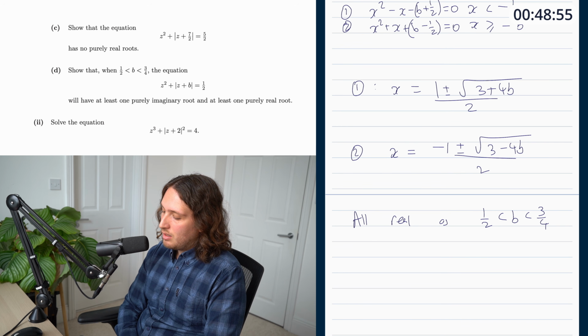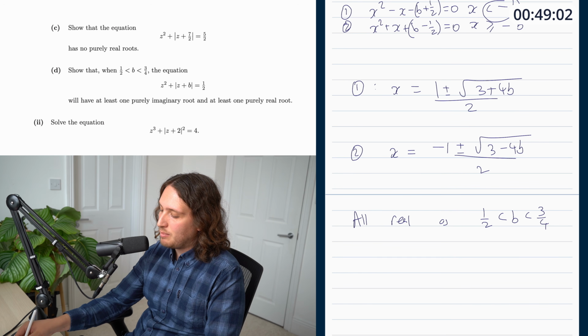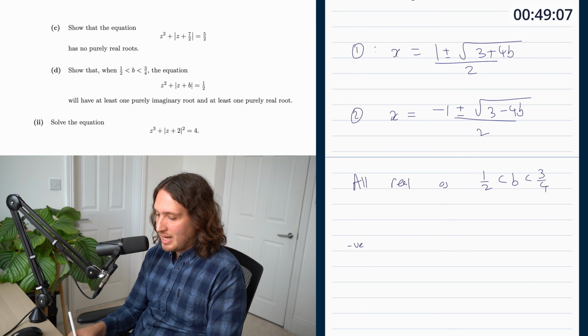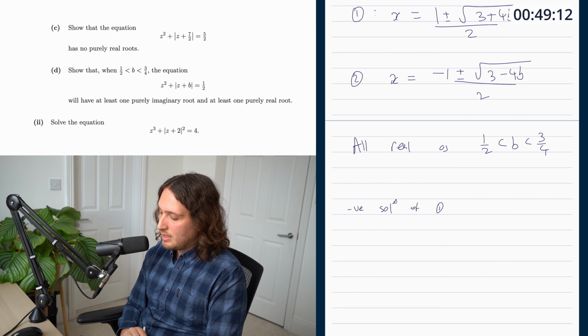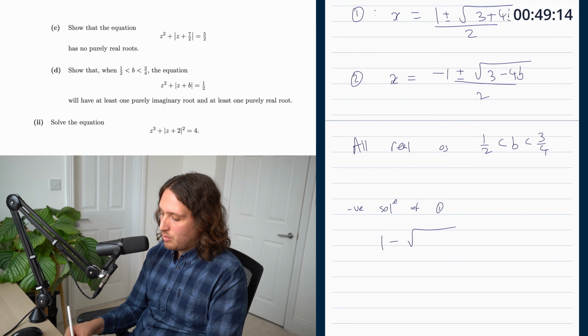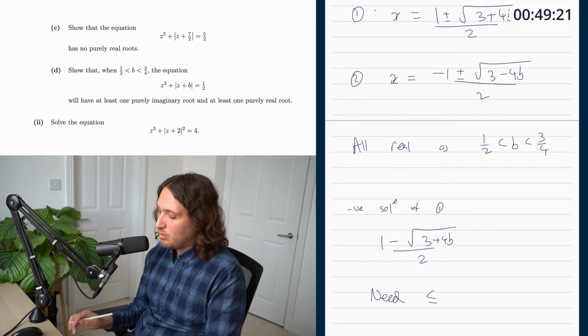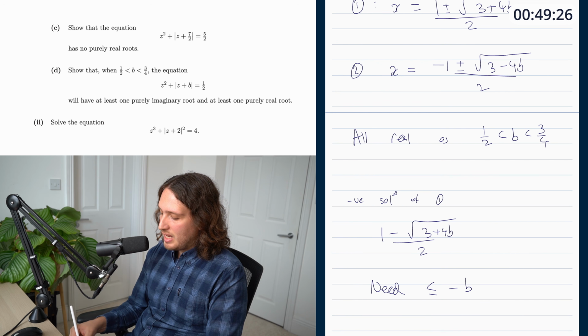Well, for example, in this case, the only one that's going to be less than minus b is the negative solution. So I only need to find one solution, remember. So the negative solution of case 1 is 1 minus square root 3 plus 4b over 2. And I need this to be less than or equal to minus b. I've said or equal to as it's continuous at the changeover.